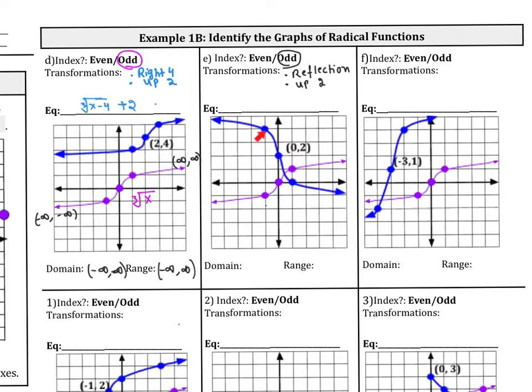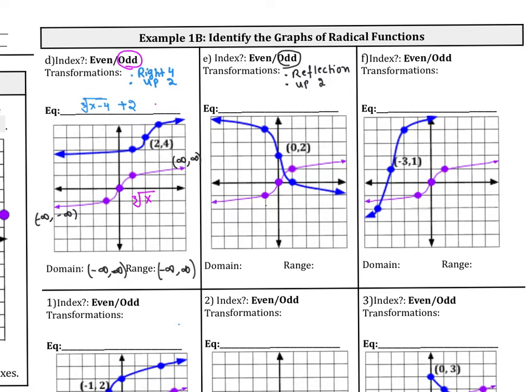And the last one, you can see that this graph is stretched a little bit. If it would be a normal graph, then it should look like this. But this is a stretched graph, and we have to figure out how much it's stretched, by a factor of 2.